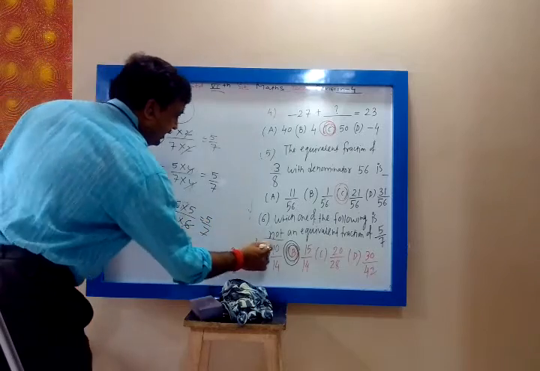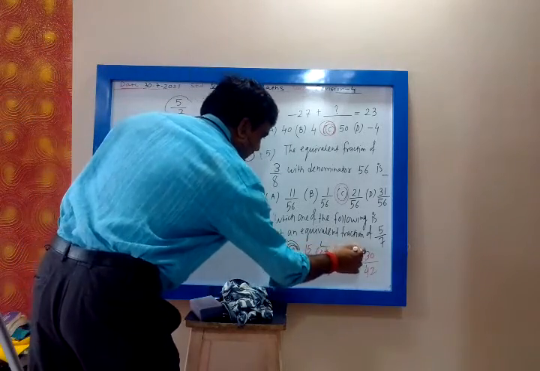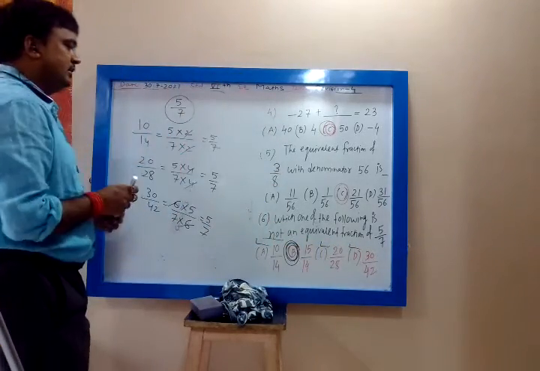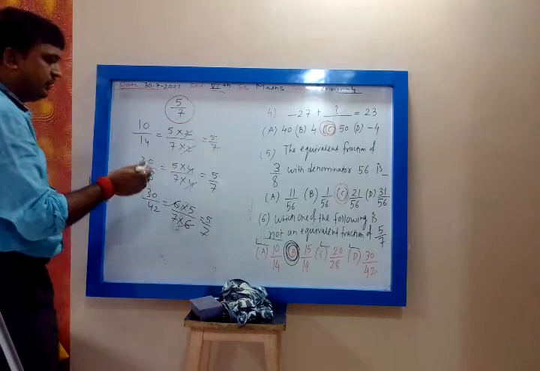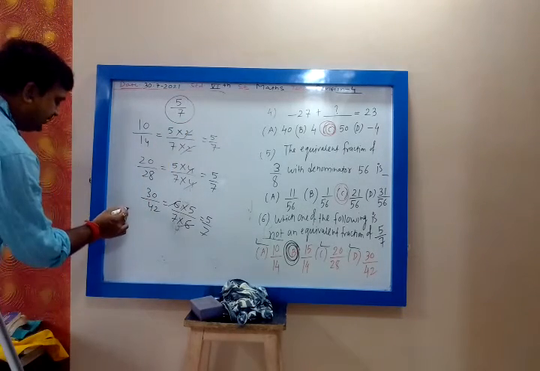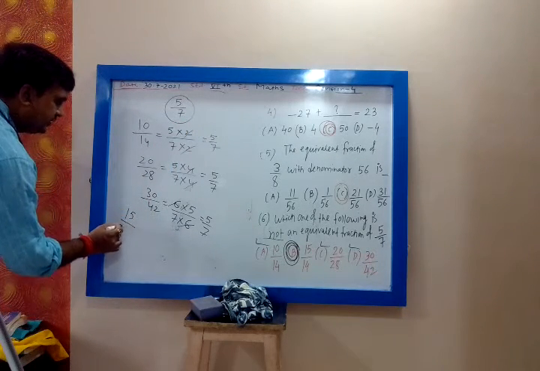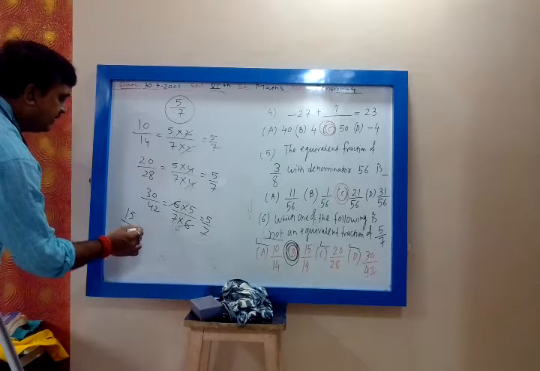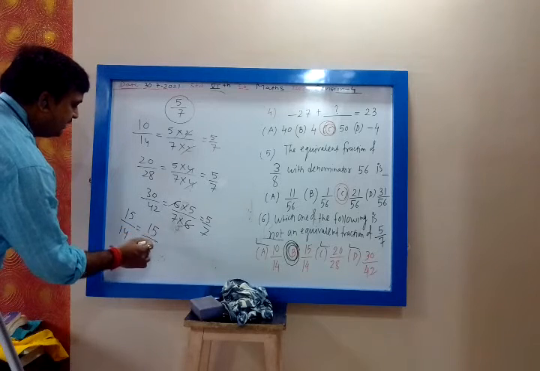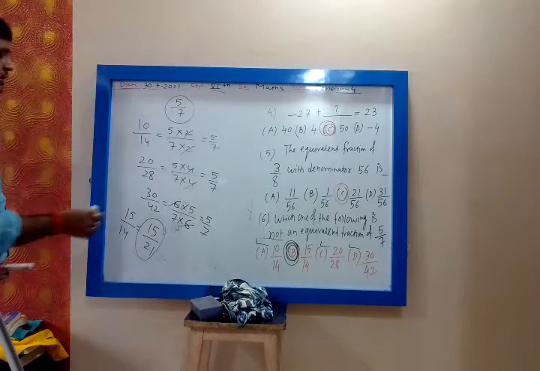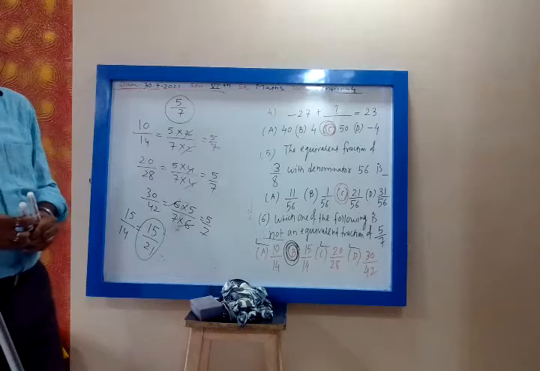So this is equivalent, this is equivalent, this is equivalent, so this is not equivalent, because it is given 15 upon 14. It should be 15 upon 21, not 14.